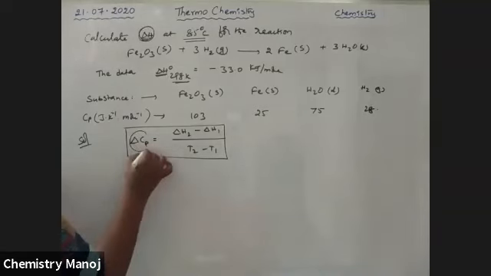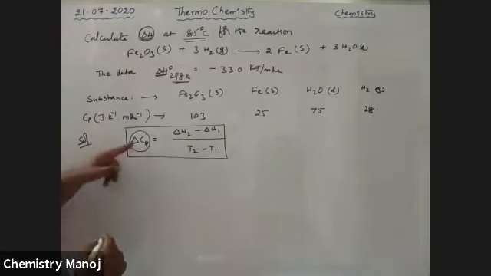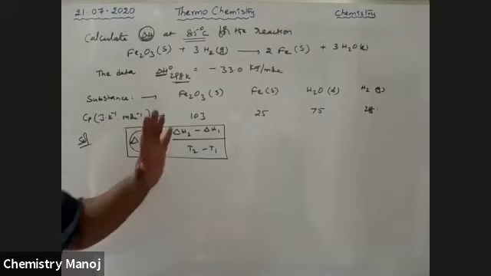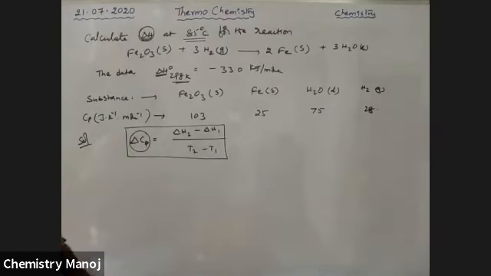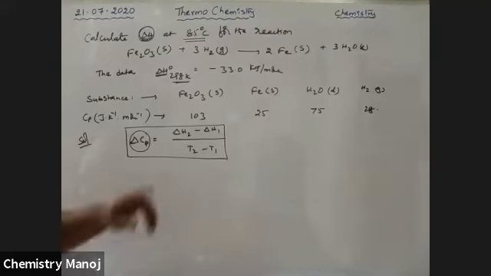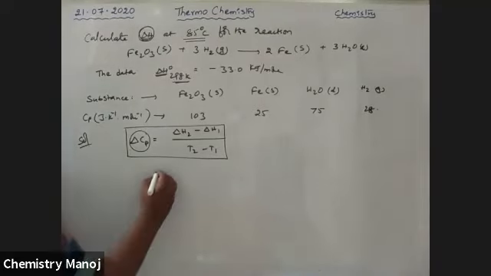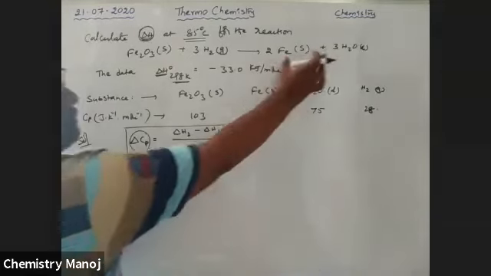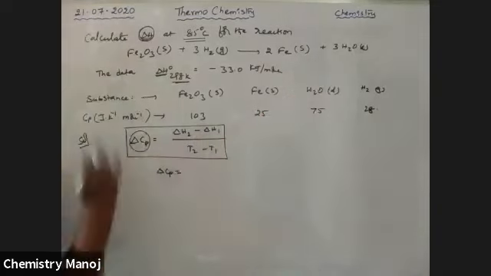For that purpose, we need delta Cp, that is the change in heat capacities. How to calculate change values? That is the products value minus reactants value. First of all, I am going to calculate the delta Cp value. In this reaction, products value minus reactants value.